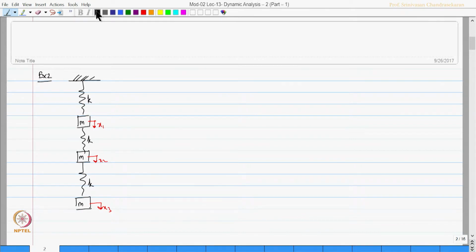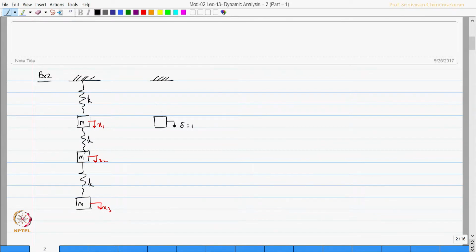So, flexibility is to give unit deflection and find the force. So, let us say I want to draw the first degree. Give unit deflection and find the force.